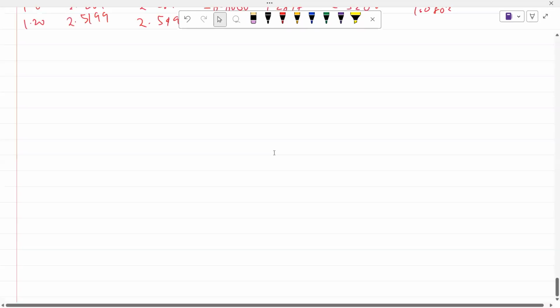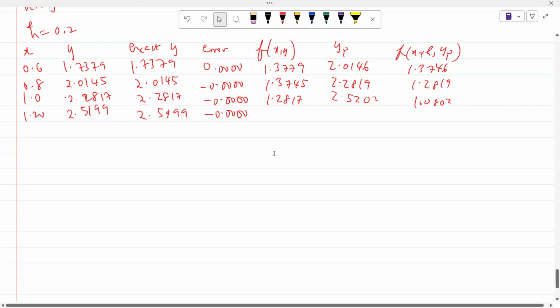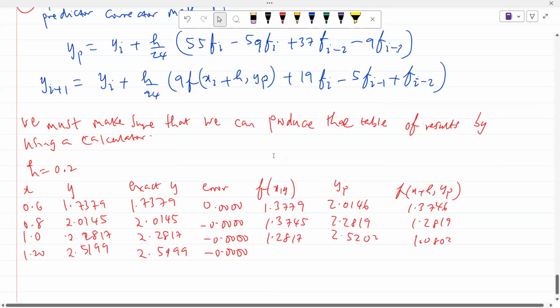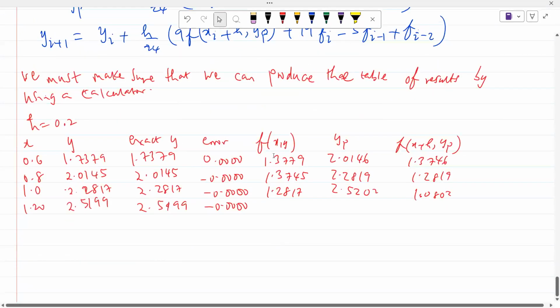You have a couple of values that are involved in this one. The values that are involved, you see that we were just determining the others.